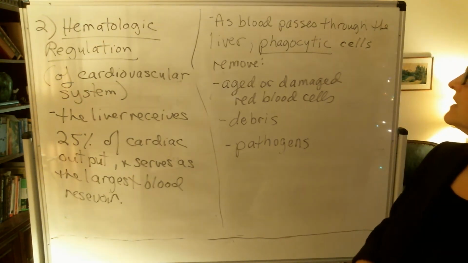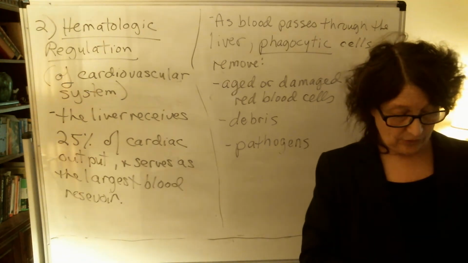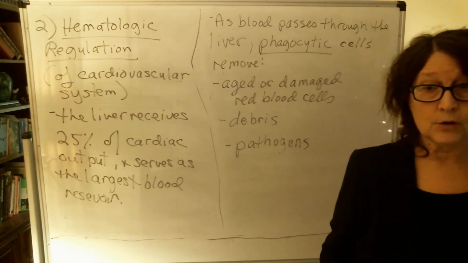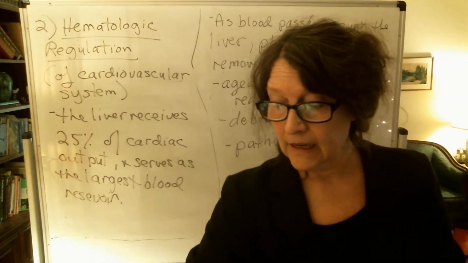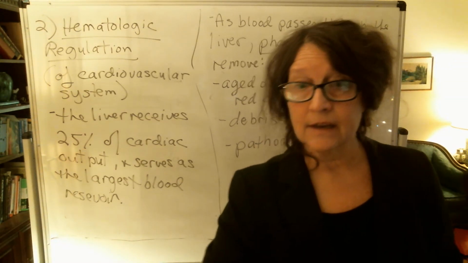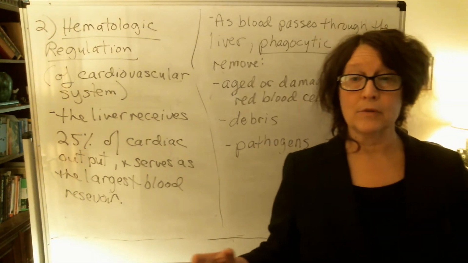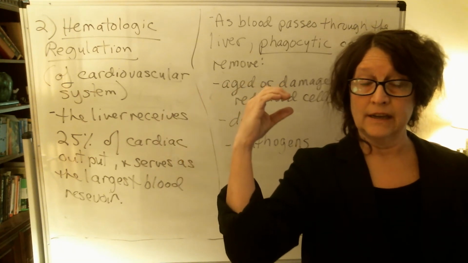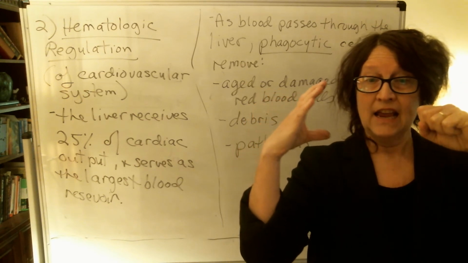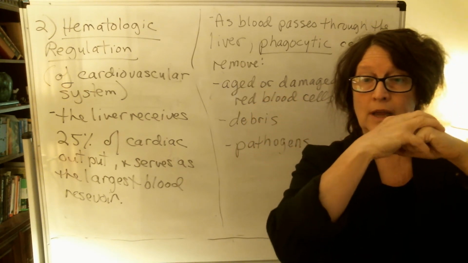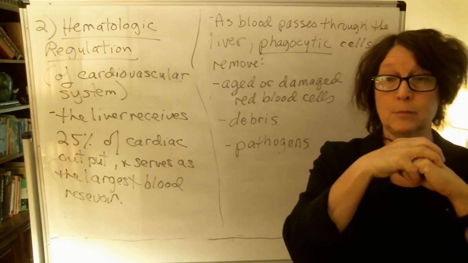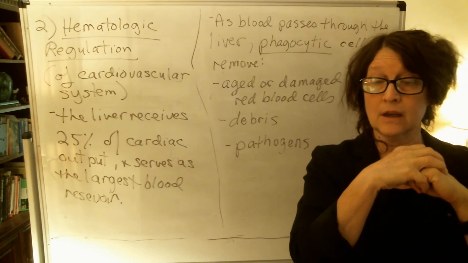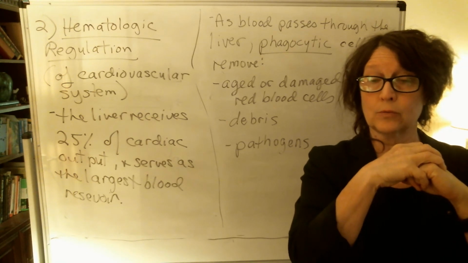This is kind of amazing. Okay, so you have these phagocytic cells in your blood. Phagocytosis, I hope you remember it, is when a cell engulfs another cell. I hope you remember this from when you were studying cells. You will have a phagocytic cell, like a Pac-Man, basically, and a phagocytic cell will actually engulf debris or pathogens, remember, things that want to make you sick, or aged or damaged red blood cells.